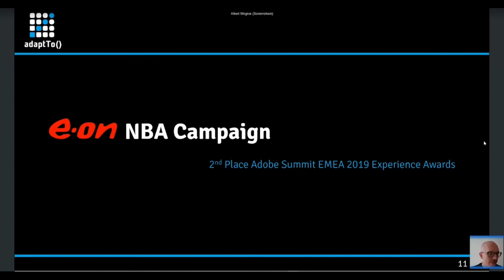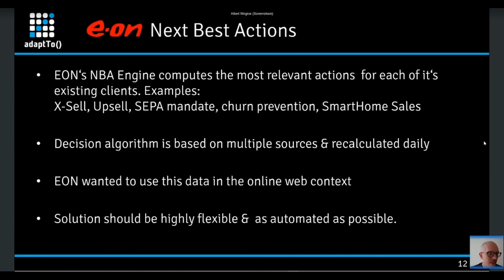So what is it all about? Next best actions or next best offers are not a new concept. It's not been invented by EON. What it's all about is that you, as a company, as a marketing department, try to find out what are the most relevant activities or offers that you want to present to your customer in their next interaction with your website.